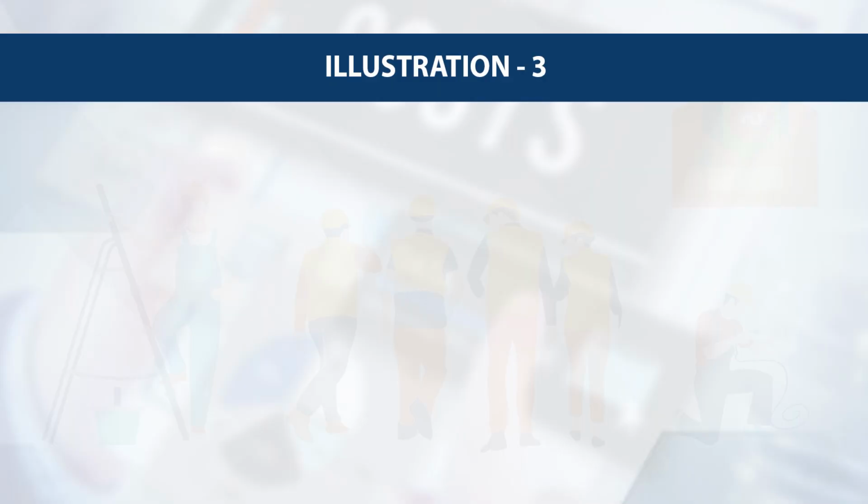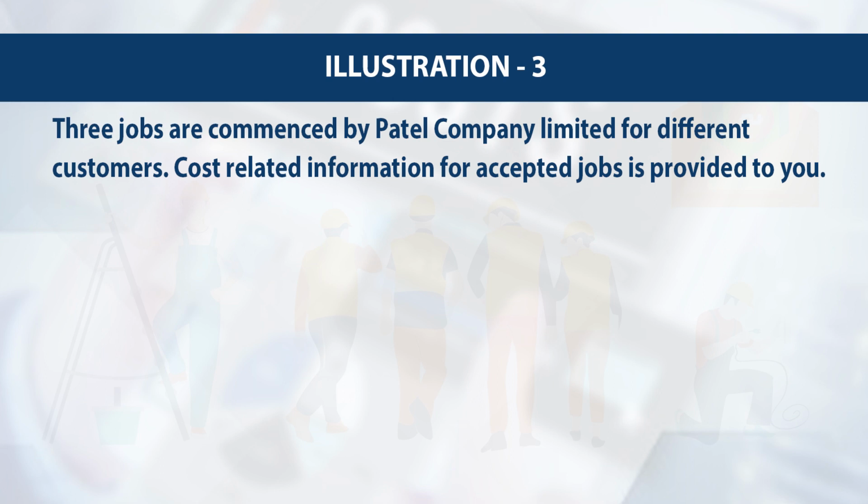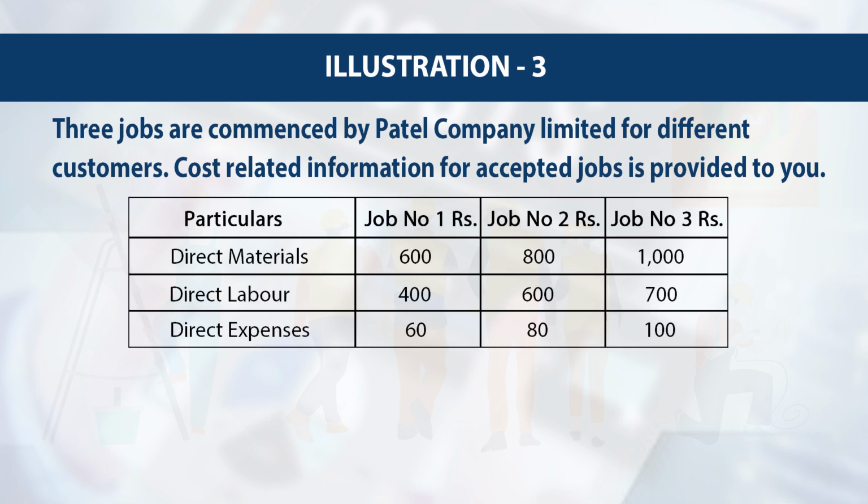Let's understand illustration 3. 3 jobs are commenced by Patel Company Limited for different customers. Cost related information for accepted jobs is provided to you. So, we have been given information for job number 1, job number 2 and job number 3. Direct material for job number 1 is 600, 2 is 800 and 3 is 1000.